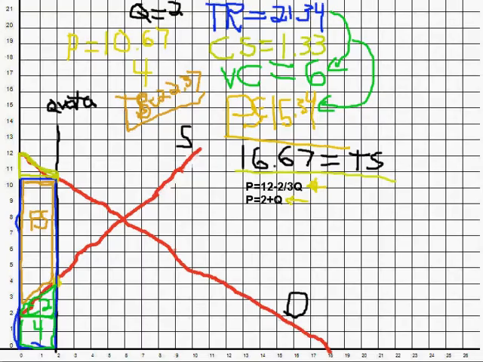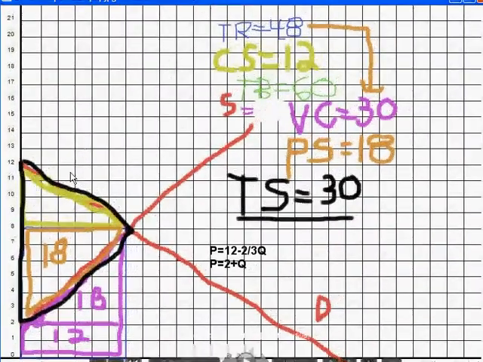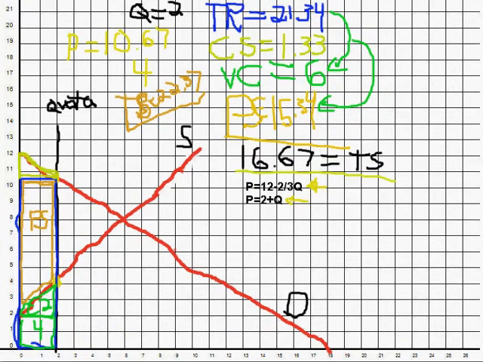Well, what happens is we just chopped off this part of the surplus. Let me get a big marker here. It's like we chopped off that part over there, right? Because that used to be surplus, but now it's not surplus anymore.